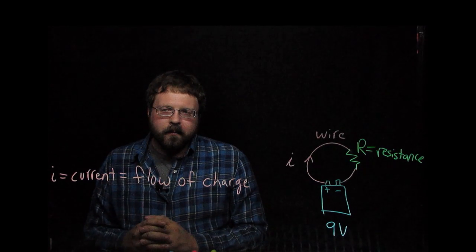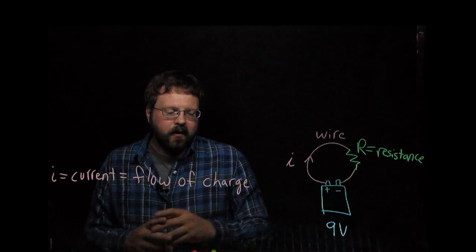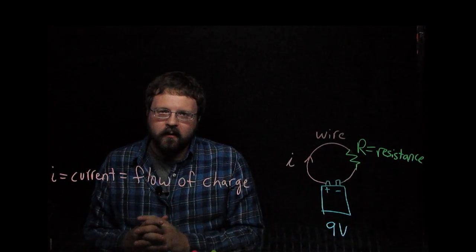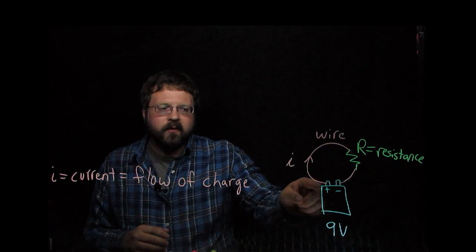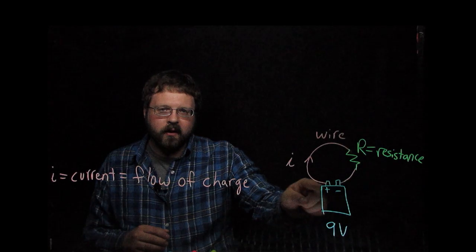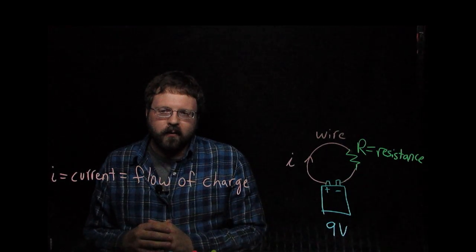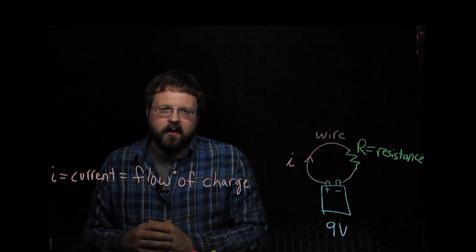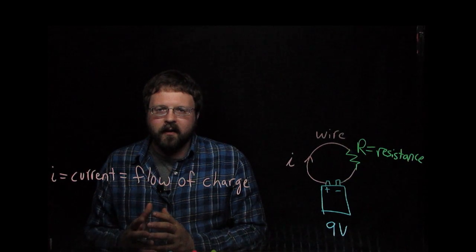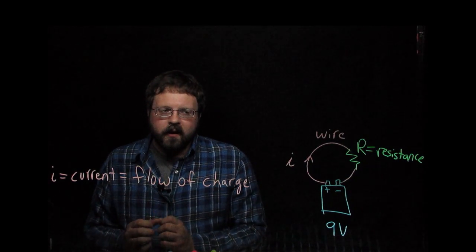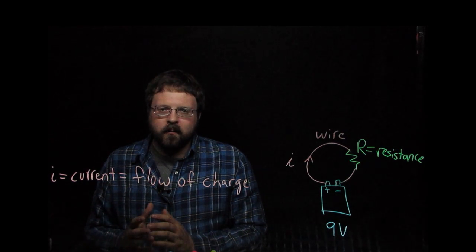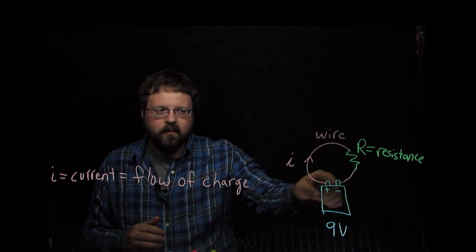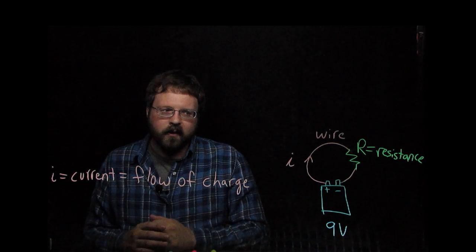Now, what we haven't talked about is this voltage here, this 9 volts of the battery. Voltage is created whenever you separate positive and negative charges like you do in the terminals of a battery. And voltage acts in a sense like an electrical pressure. It's pushing the charges to try to get the positives and negatives to reunite.